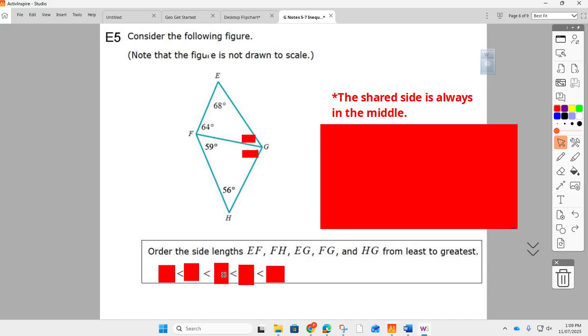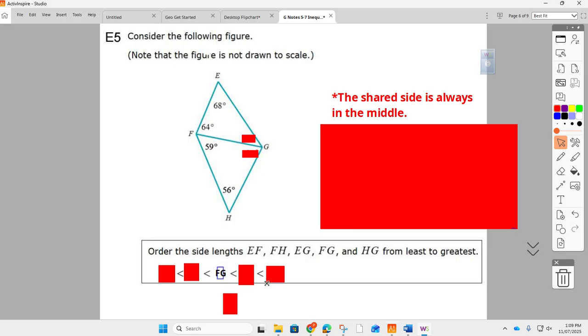FG is always in the middle, that shared side. On your assignment, they give boxes, and you're going to type in which segment falls in each: the shortest segment, then the next shortest, then the middle, then the next to the longest, and then the longest. Does that make sense? Shortest, longest.